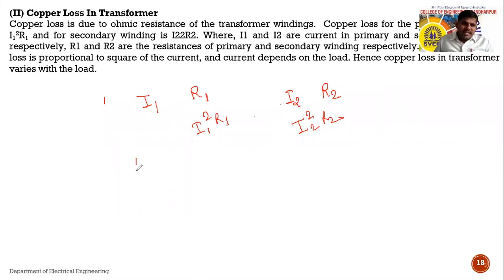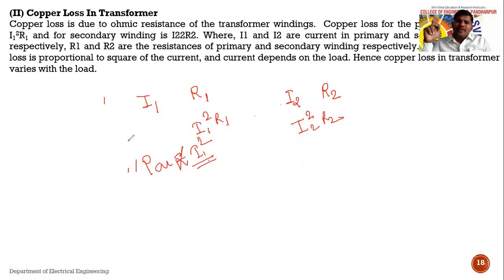If I represent copper loss as PCU, it is directly proportional to the square of current. If the current increases, the copper loss also increases.